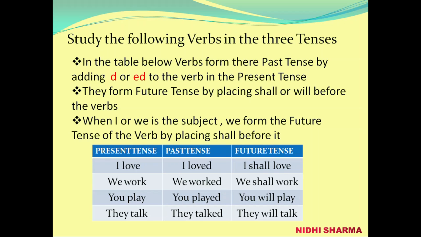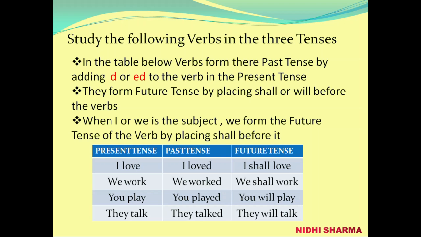I love. Verb love is in the first form. I loved. Verb love is in the second form, adding d to the base verb. So we get the second form of the verb, loved. In future tense, I shall love.